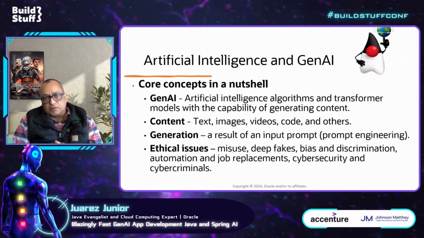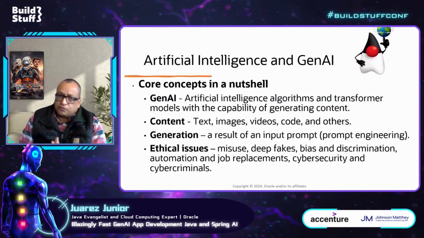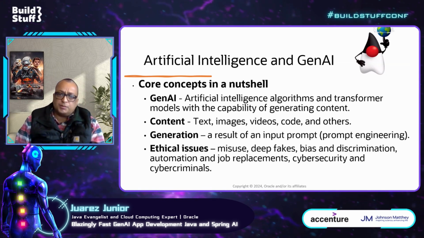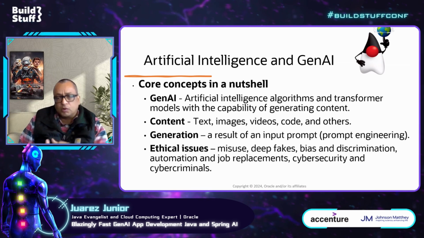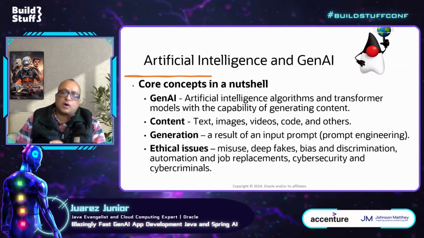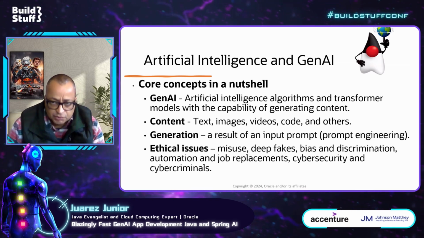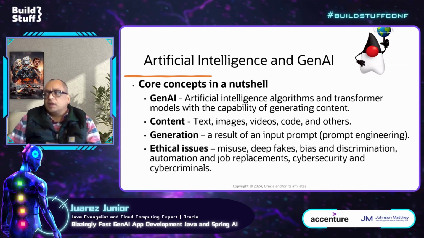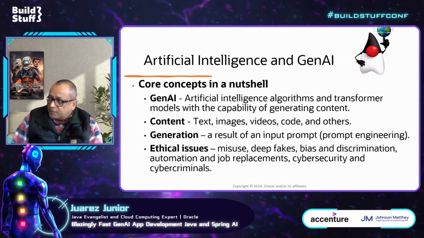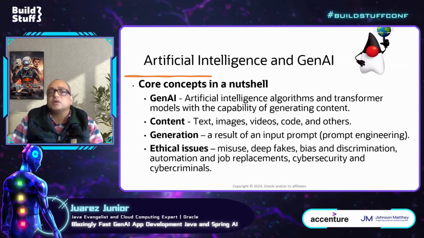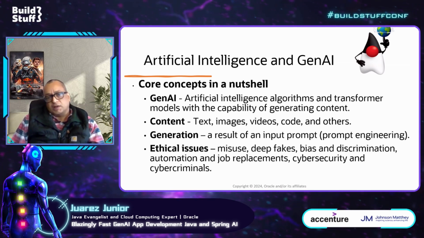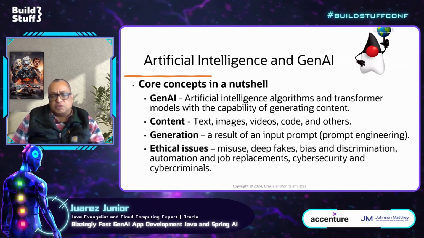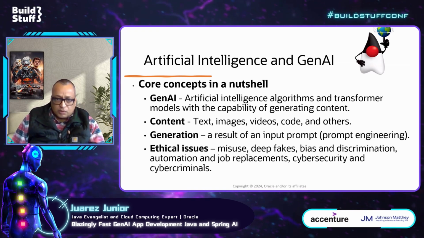So in a nutshell, with GenAI we are talking about pretty much the same artificial intelligence algorithms and software components, but we have the so-called models, and specifically the transformer models. In ChatGPT, the T actually stands for transformer, with this capability of generating content, again, content that can be text, images, videos, code, audio, and so on.